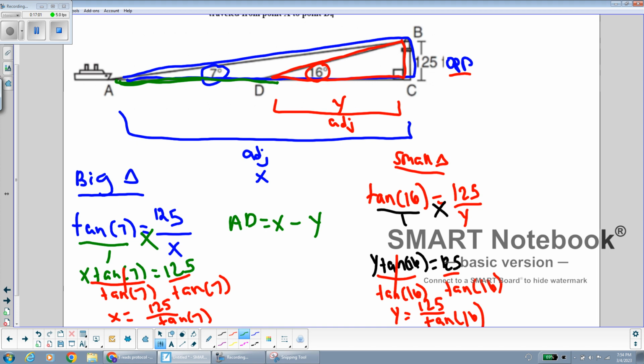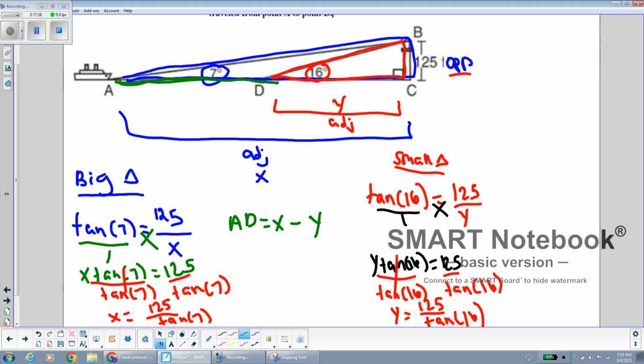So x was 125 over tangent of angle 7. So in my calculator, I'm going to type that in, 125 over tangent of the 7-degree angle minus y, which was 125 over tangent 16.